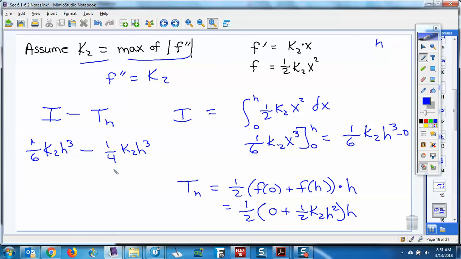That'd be negative, but do I care about the negative? Usually we put bars around that, right? It's how much I'm off. So it's negative, maybe it was an overapproximation, but whatever. So that's going to be 1/12 K2 h cubed, right? Okay, I'm getting somewhere.